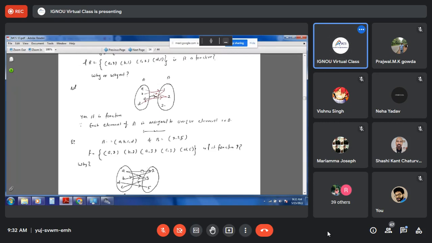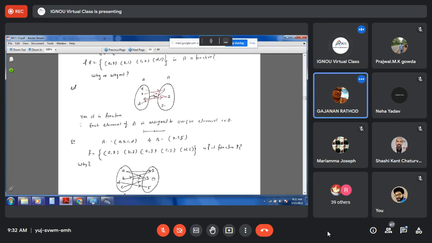Can anybody check why it is not a function? Because an element of the first set is related to two elements of the second set.